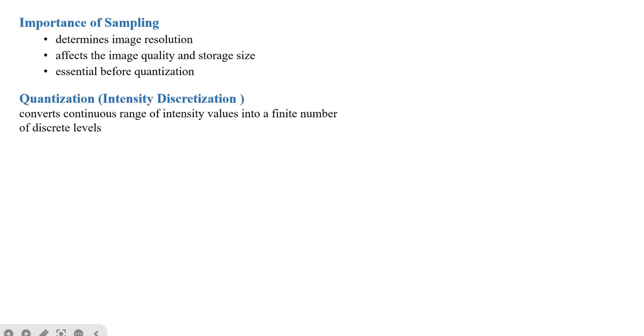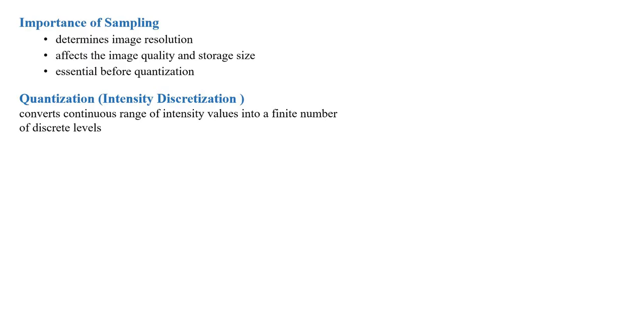Coming to quantization, it is also called intensity discretization. That is, it is the process of converting the continuous range of intensity values into a finite number of discrete levels. This range of intensity values can be gray level or color values, and we have to convert it into discrete levels, that is, converting continuous brightness values to a set of fixed digital intensity values.